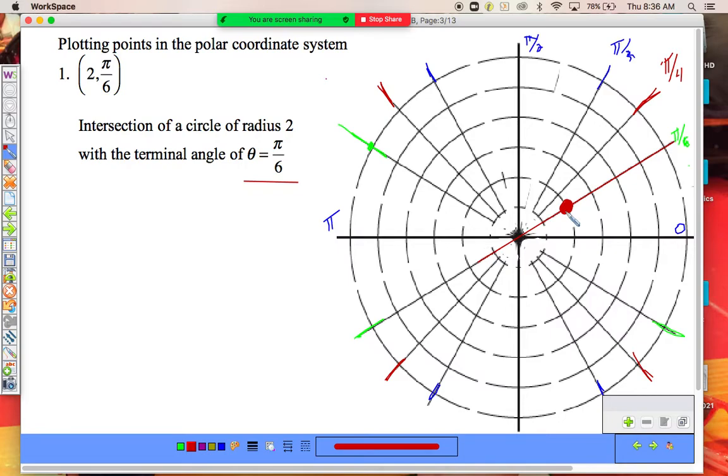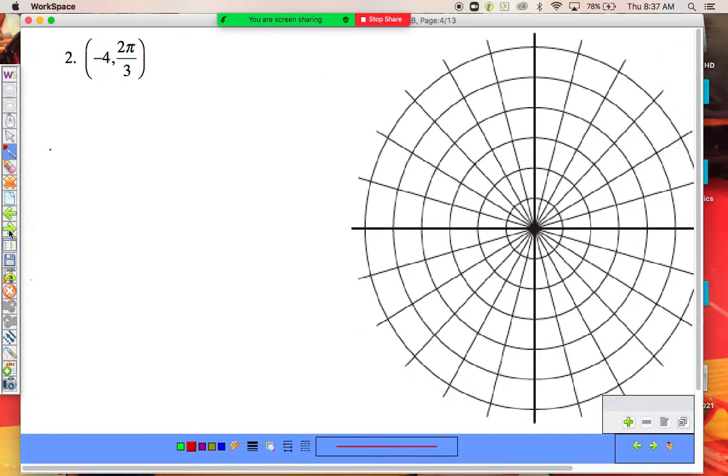That's the ordered pair 2 comma pi over 6. So I rotate to the angle pi over 6, and because my distance is positive 2, I walk out on that angle 2 circles and put my point. So find the angle and go that distance. Count that circle.